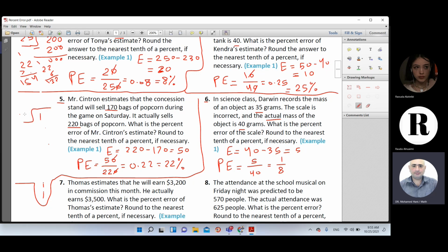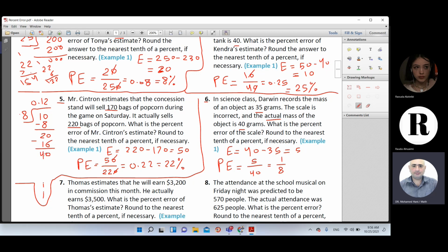One divided by 8, 1 is less than 8, so we can put here 0 point and put here 10. 10 divided by 8 will be 1. 1 times 8, 8. 10 minus 8 will be 2. We can put 0 here, 20. 20 divided by 8 will be 2. 2 times 8 will be 16. 20 minus 16 will be 4.